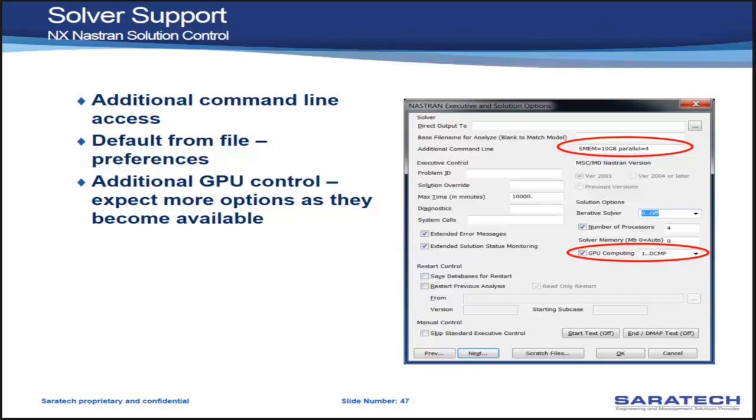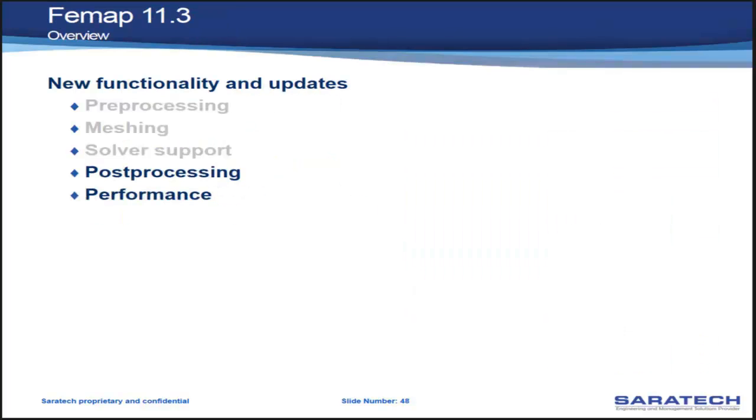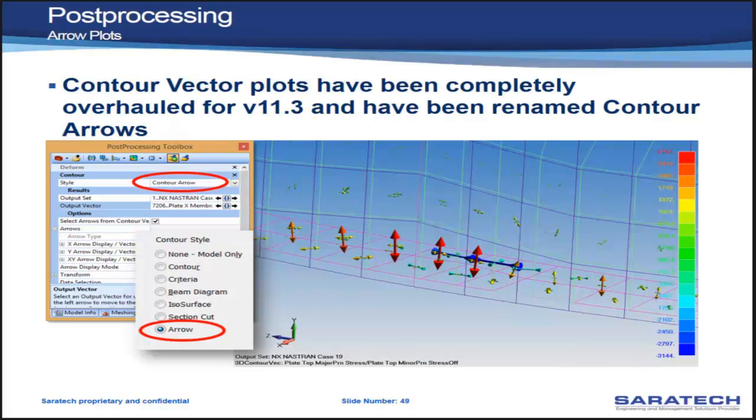And now let's go ahead and look at one of the main post-processing additions, and that is the arrow plots. The arrow plots are added, and they're called the contour arrow icon in the post-processing toolbar.